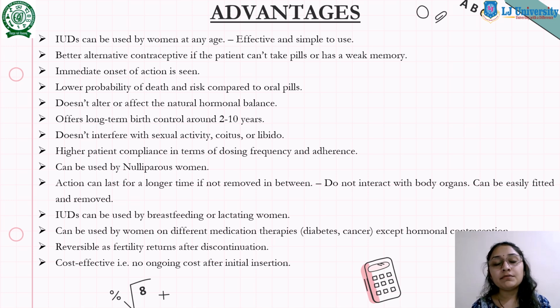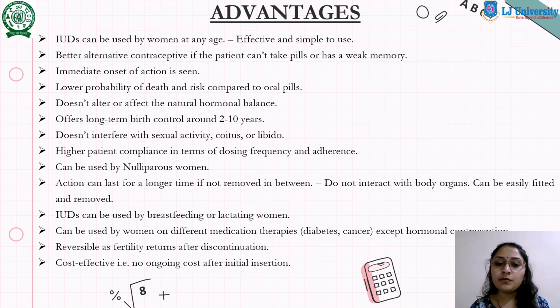It can also be used by women who are already on certain medication therapies, such as diabetes or cancer medications, because it will not disturb the actual hormonal balance, unless a woman is already using another method of contraception. For example, if a female is already taking contraceptive pills, then an intrauterine device should not be recommended.